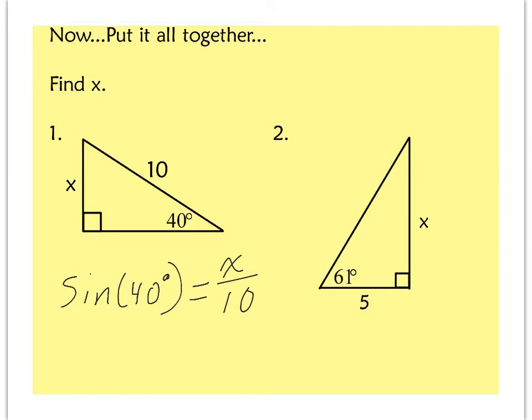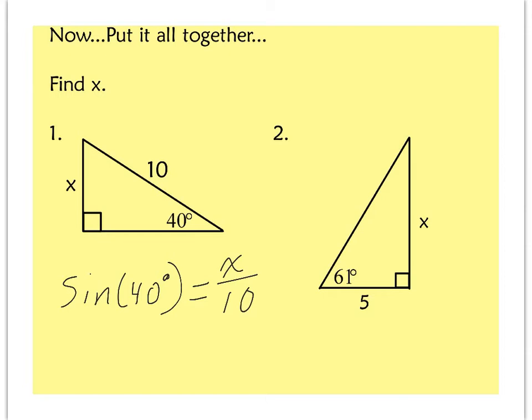Now, what we're going to do is actually try to solve for x. There's something important here. Sine of 40 is a number all by itself. It's an entity all by itself. It's combined, not separate.